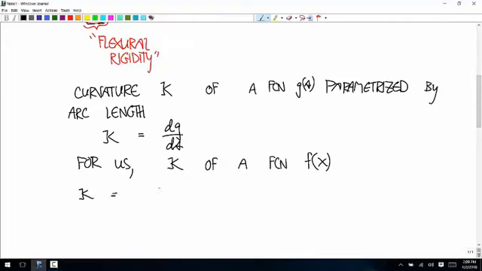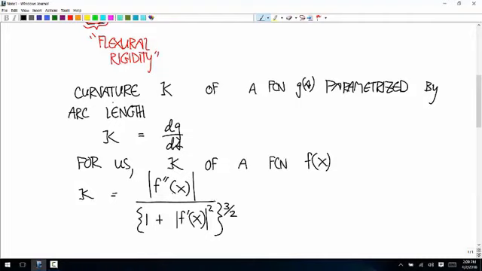It's equal to the absolute value of f double prime, divided by the quantity 1 plus the absolute value of f prime squared, all to the 3/2 power. It'd be nice if we were doing it in terms of arc length, obviously, but we're not. So that's this messy thing.